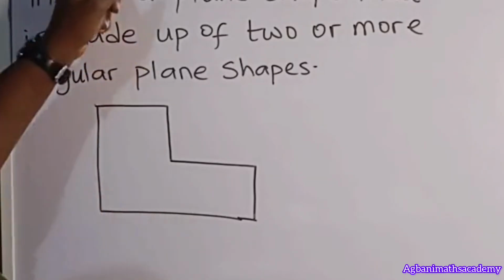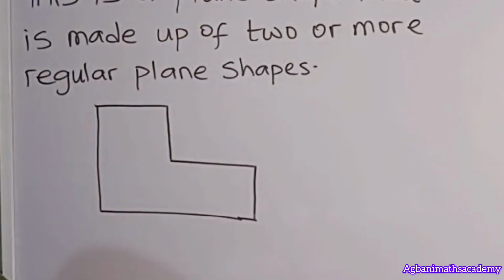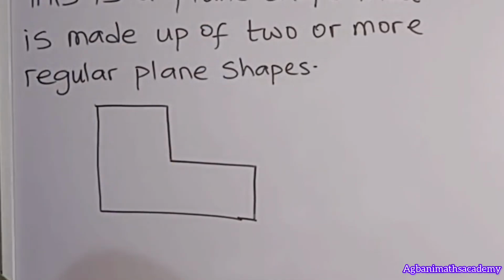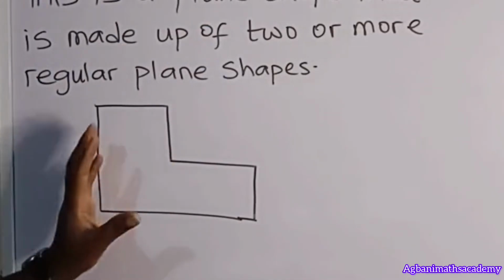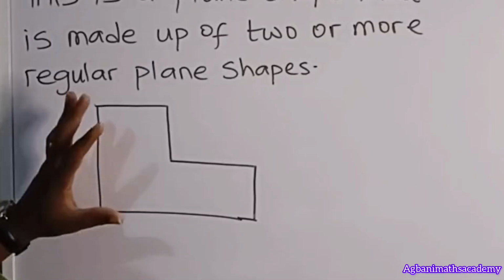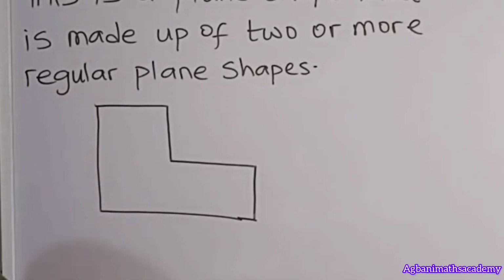This is a composite plane shape because in this shape, you have other regular plane shapes. So if you are told to calculate the area of this plane shape, how are you going to calculate it? That is what we are going to be looking at in today's lesson, how to calculate the area and the perimeter of composite plane shapes.